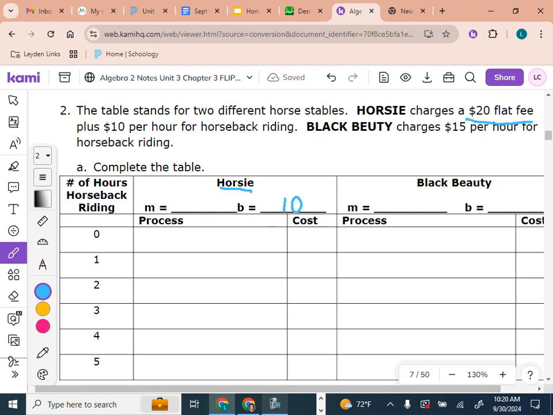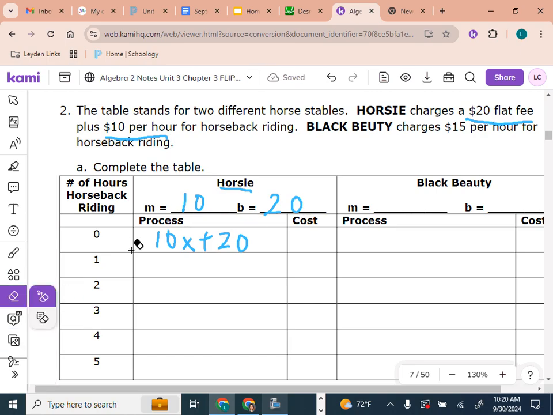That means that's my B. And $10 per hour. Remember, slope is reoccurring. So my equation for this would be 10x plus 20. $10 per hour plus $20.